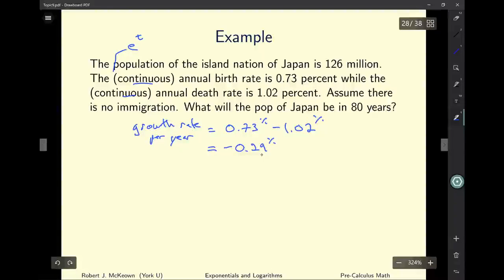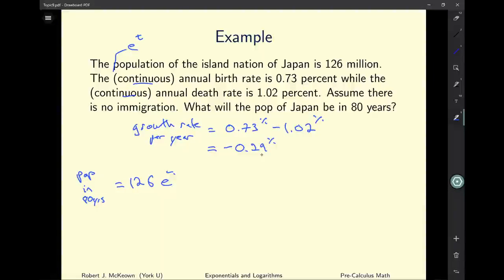Now we're going to put it into our exponential function. So the population in 80 years is going to be equal to 126 million times e. Remember, we want to put this in as a rate. So we can have exponential growth, or we can have exponential decay.